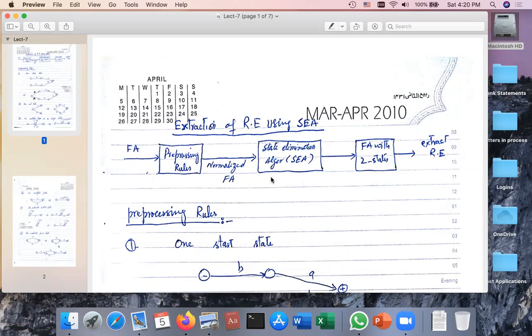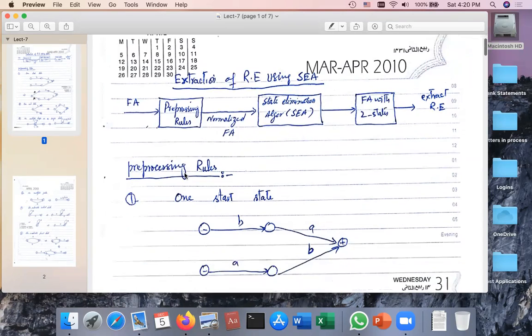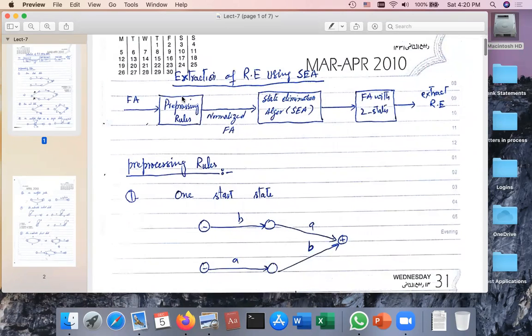So this is basically the scheme that we have to follow in this lecture. So first the pre-processing rules, and then we will study the state elimination algorithm. These are the two concepts that we have to study here.